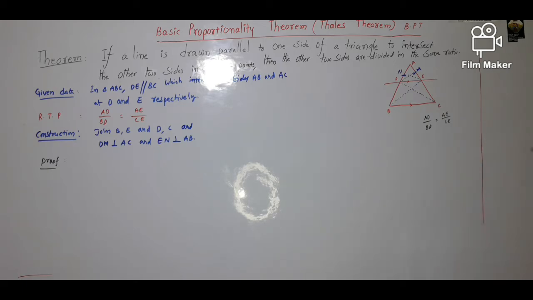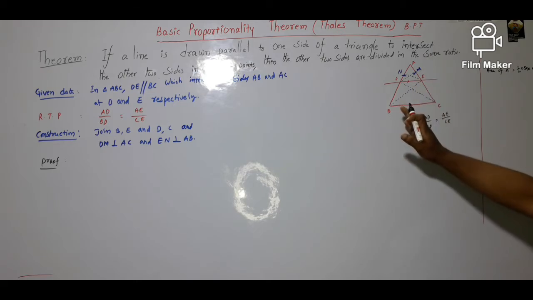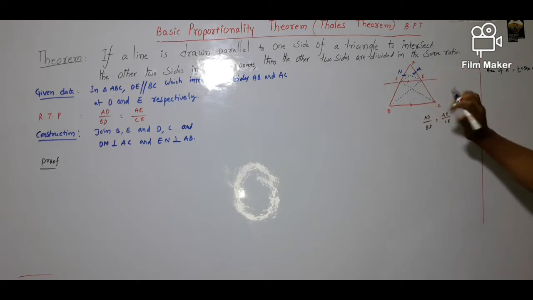First of all, we know the area of a triangle is equal to half into base into height. We know this. And here in this triangle, look carefully.